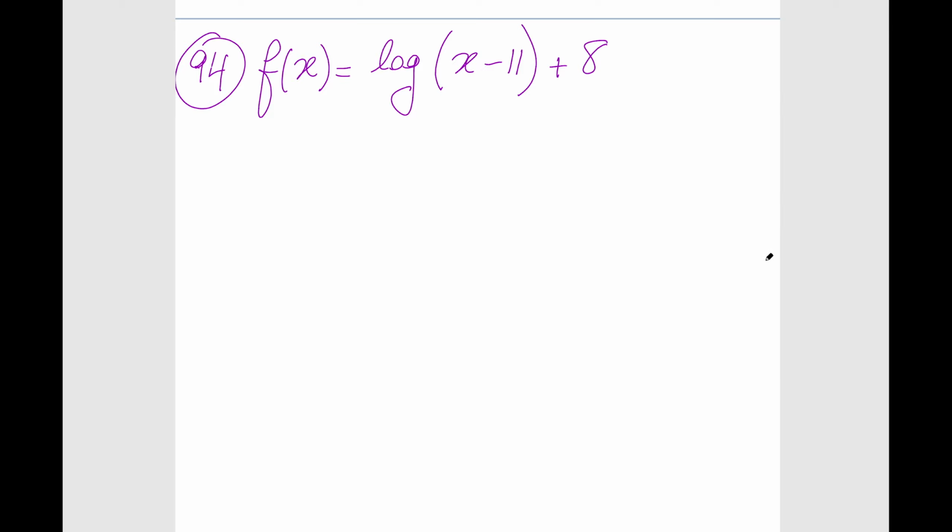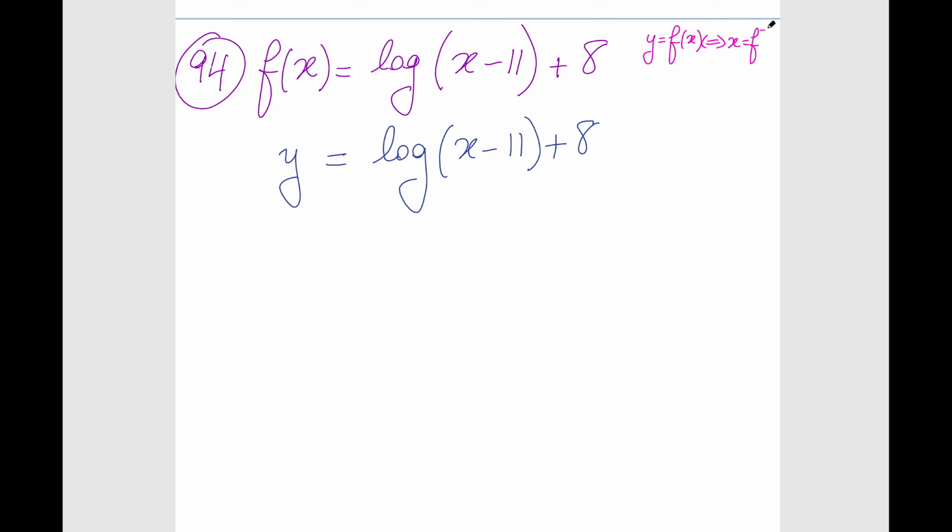So how did we use to find the inverse function? This is the same as saying that y is log base 10 of x minus 11 plus 8, right? What we used to do is, if y is equal to f of x, that's exactly the same as saying that x is equal to f inverse of y. Am I correct?